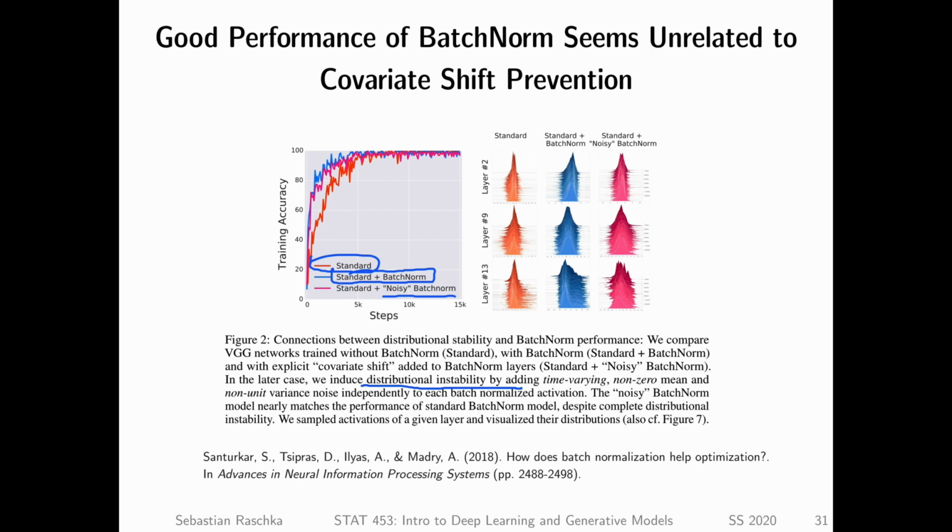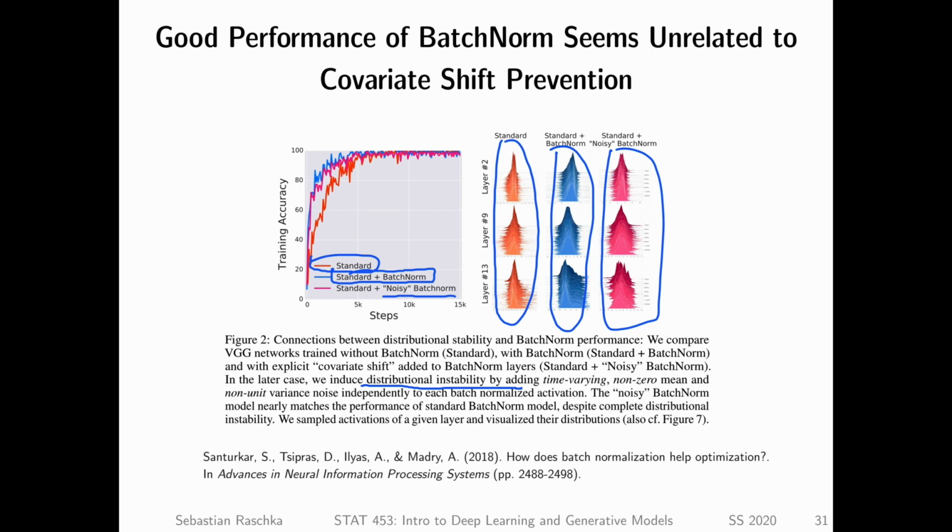What we can see here is the standard one, and in the center, the standard one plus batch norm. You can see there's less covariate shift going on, so the distribution is more constant here. On the right-hand side, they have batch norm and add some noise to it, so here they again have internal covariate shift going on.